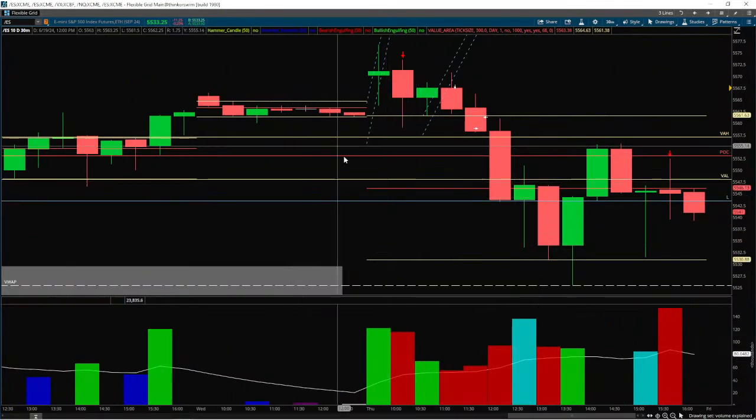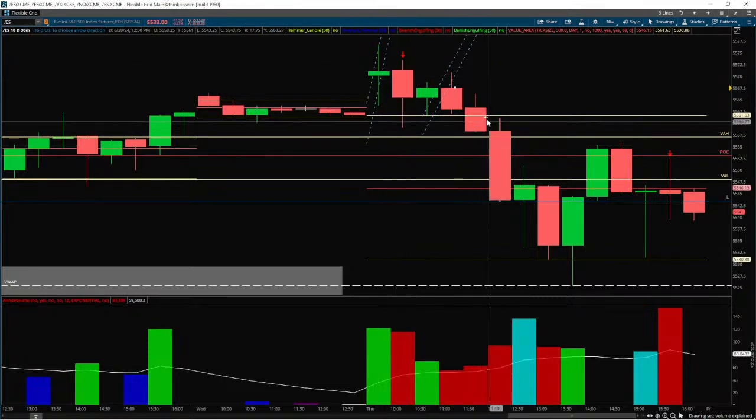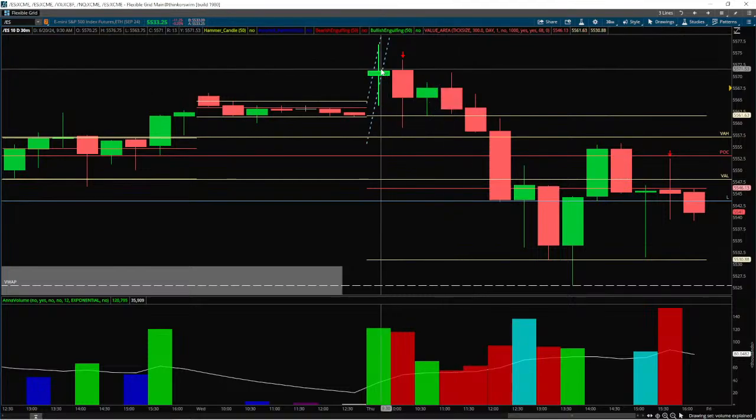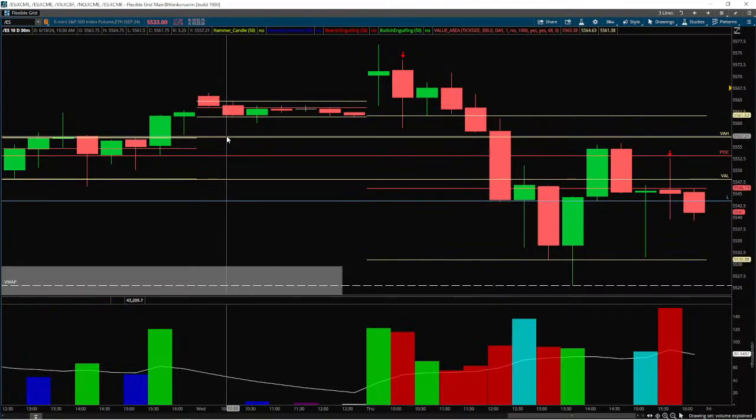And then from there, I just start moving my lines around based on this volume value area that I have, this indicator that I got.